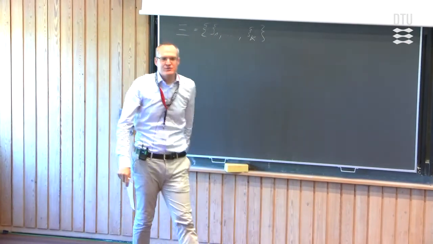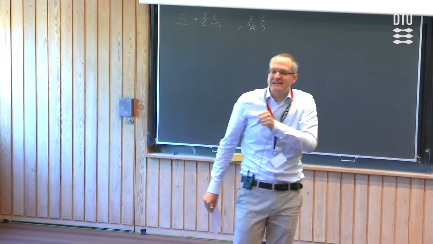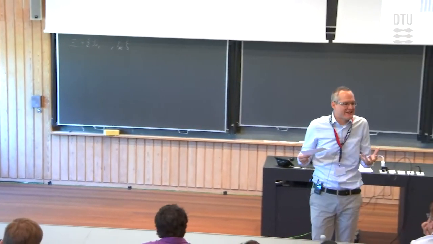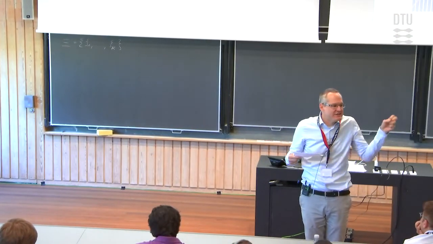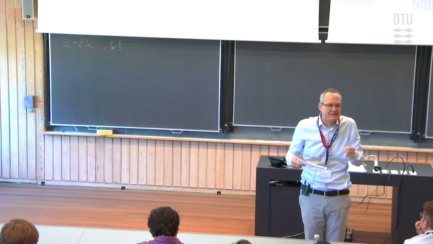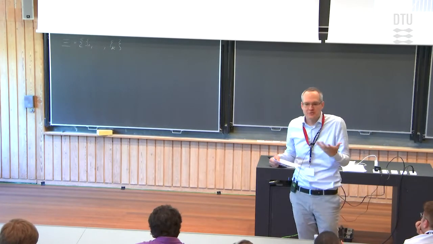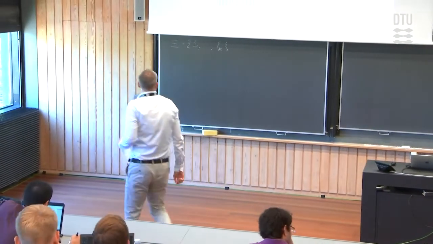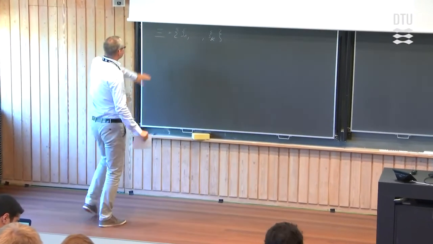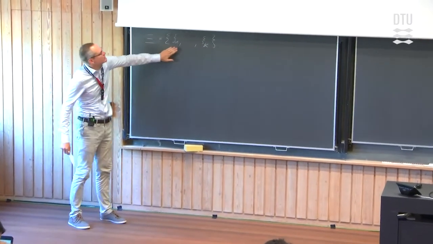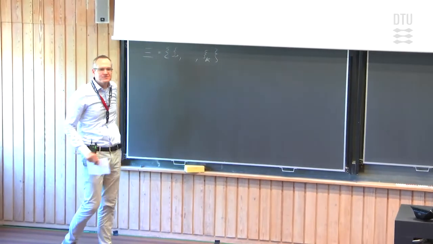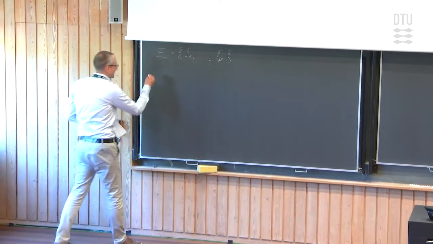So I only look at distributions that live on these K different points, and that means each distribution is just a vector that assigns each of these points a probability that is non-negative, and the sum of the probabilities needs to be 1. So under this assumption that the uncertainty set is discrete, what does this optimization problem look like? The definition of the Wasserstein metric, okay? So let's write it down.